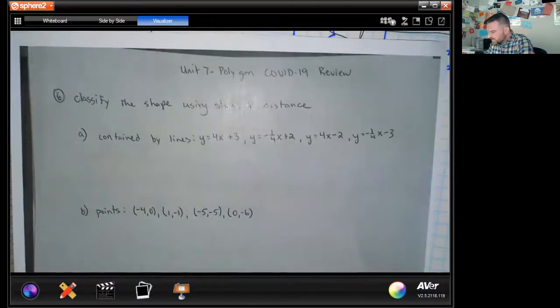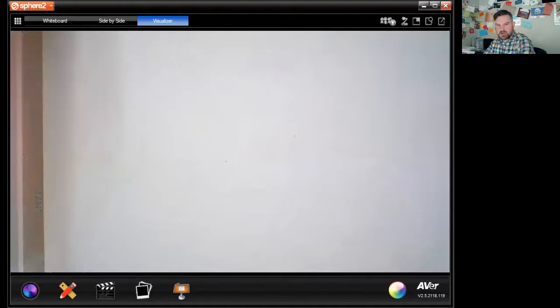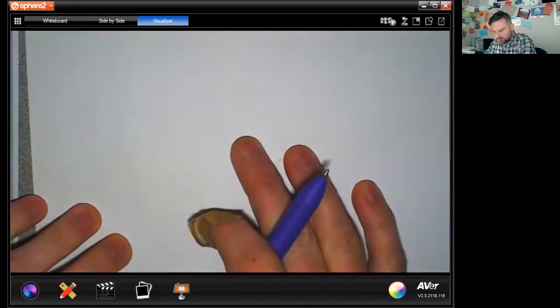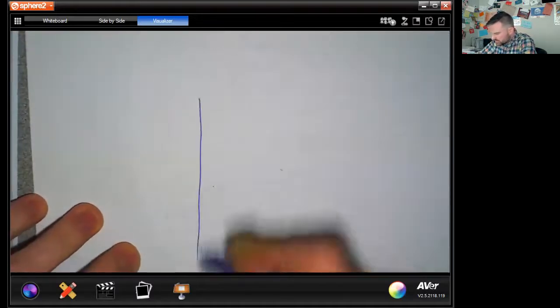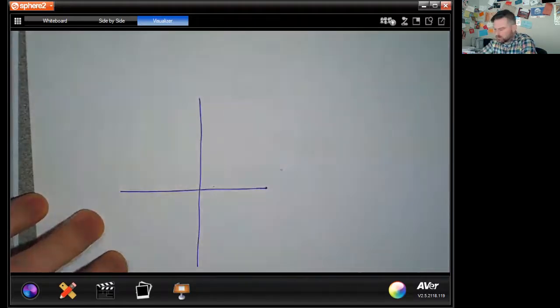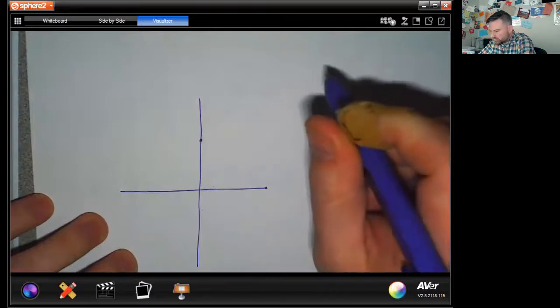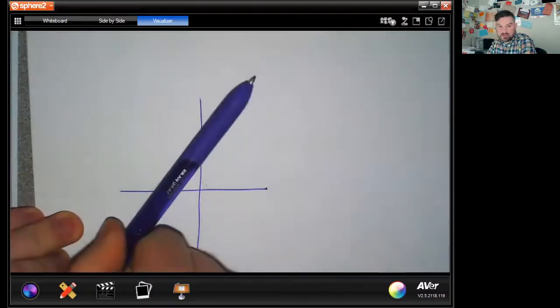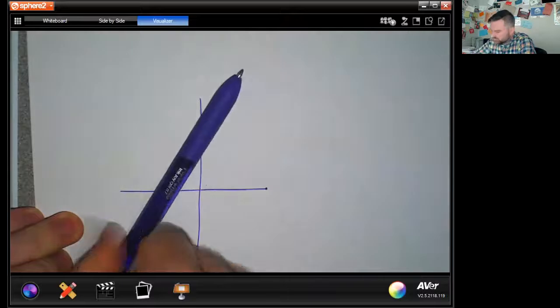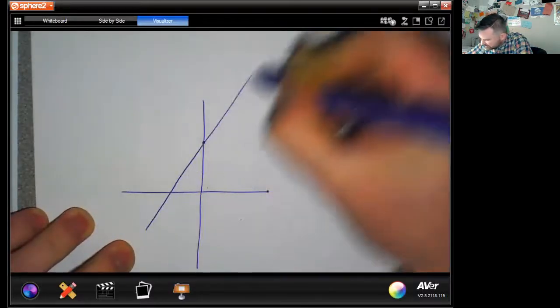If we look at these lines, I'm just going to graph them out, not on graph paper, but just on a sheet of paper here. So let's say this is my graph. The first line is y equals 4x plus 3. So let's say I'm here at plus 3. It has a slope of 4, so it's rising fairly steeply. Let's just say that's this line right here.